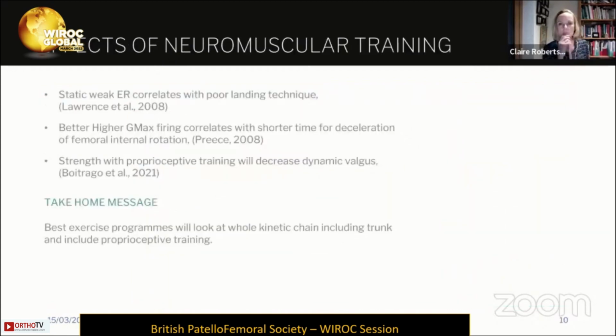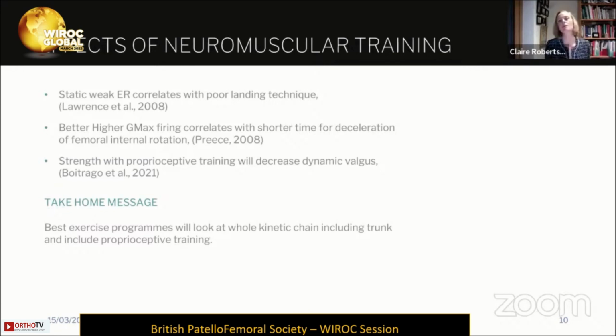And there is literature to back up this neuromuscular training. First of all, we can see what deficits do. If we've got weak external rotators of the hip, it correlates with poor landing technique. So people are likely to land and drop into that functional valgus that we really don't want.